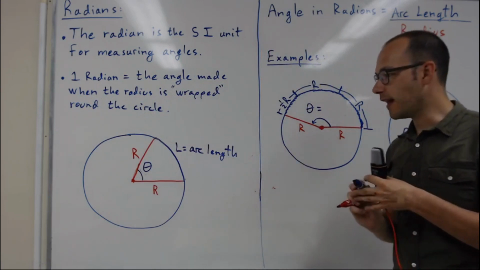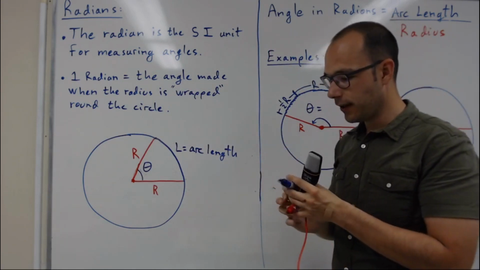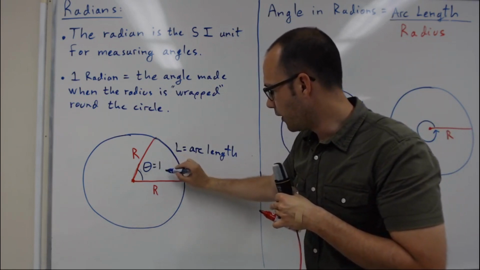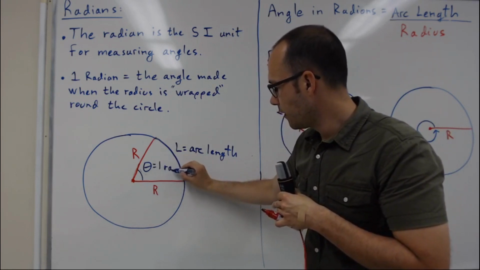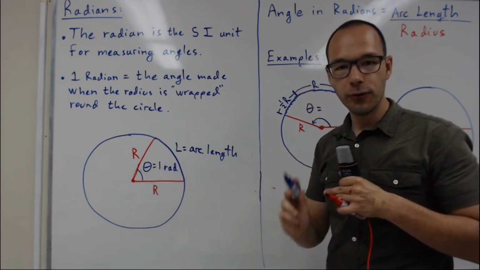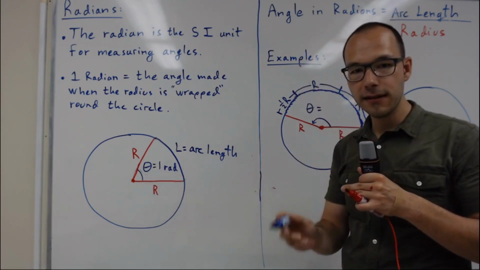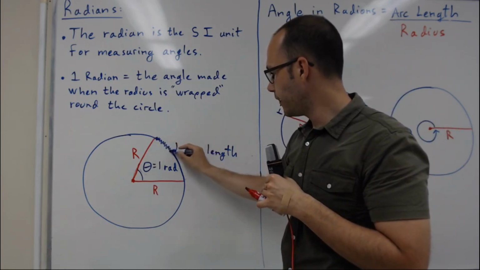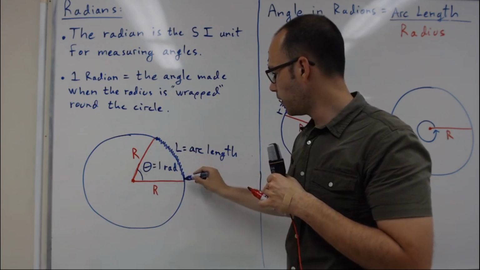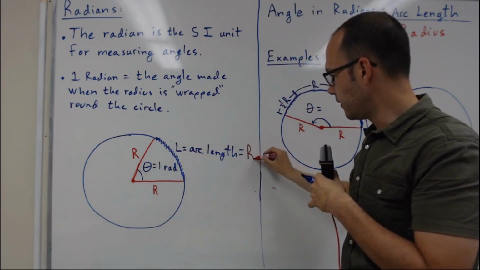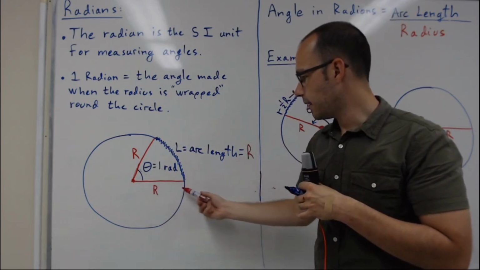So it looks like this. You have a situation when your angle is equal to 1 radian, rad. So if your angle is equal to 1 rad, what does that mean? It means that the arc length here is equal to the radius, this length here.